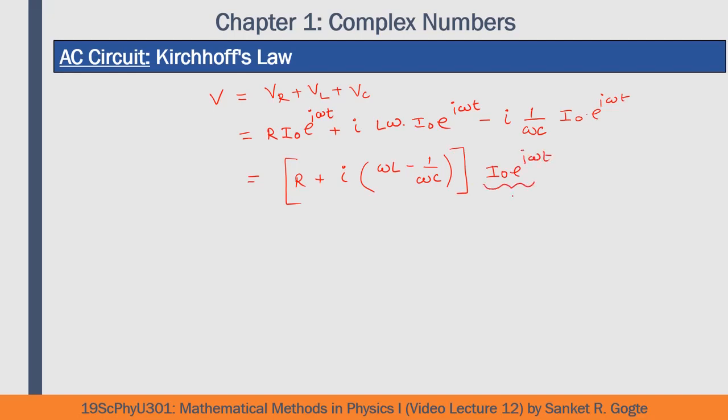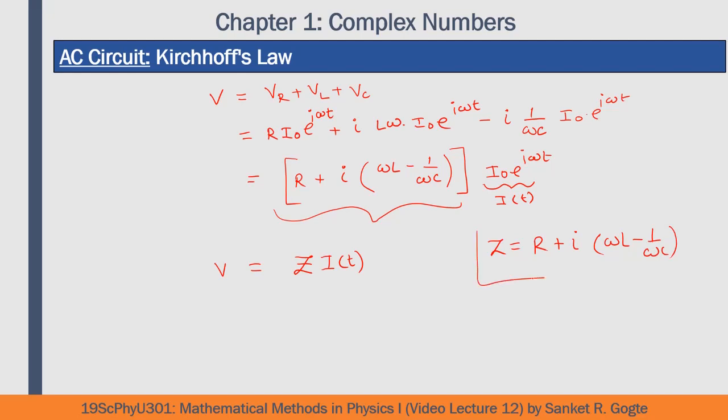Remember, this is nothing but I, current as a function of time, and therefore V we can write as, for this whole square bracket I will use the notation Z into I of t. This Z is R plus i into omega L minus 1 by omega c.